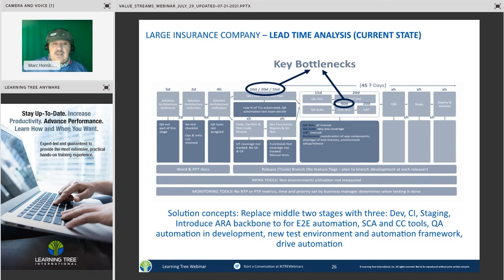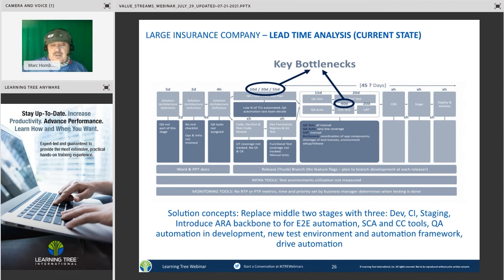So in this case, going back to the large insurance company, the solution was to attack those two big bottlenecks through replacing the middle two stages with three, actually, but make them more traditional dev, CI, and staging, and introduce release automation capabilities for automating more things end to end rather than having separate processes that were more manual.